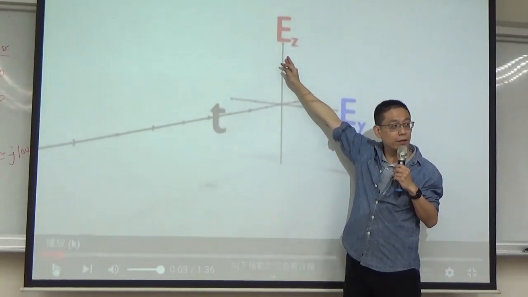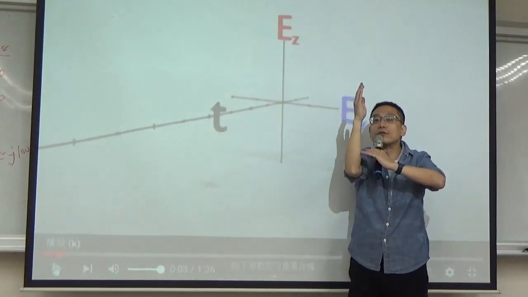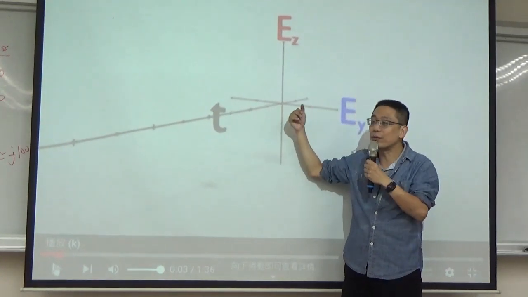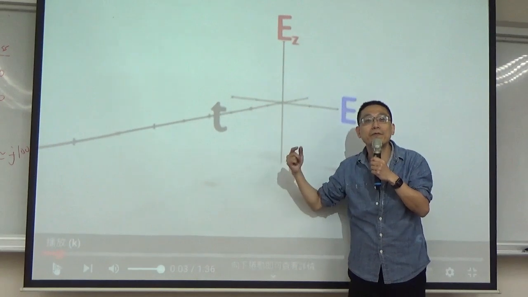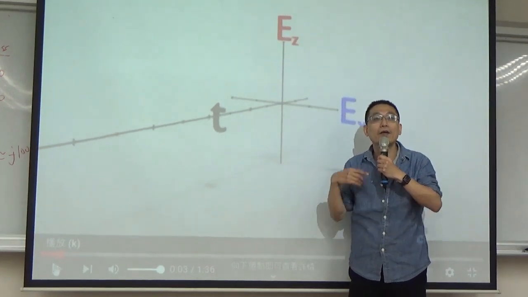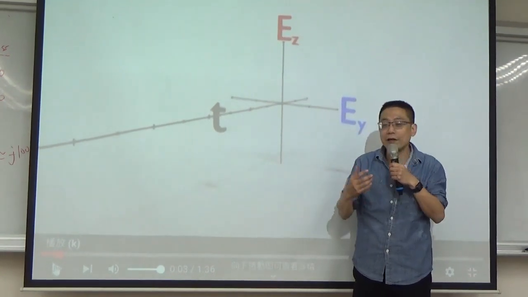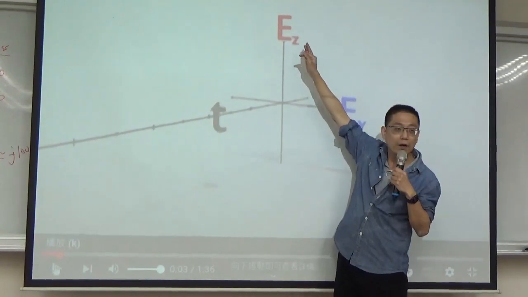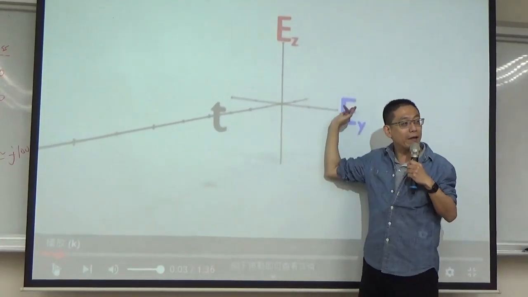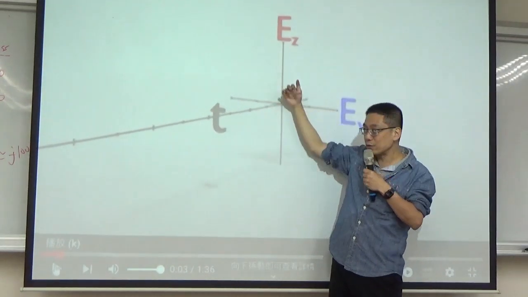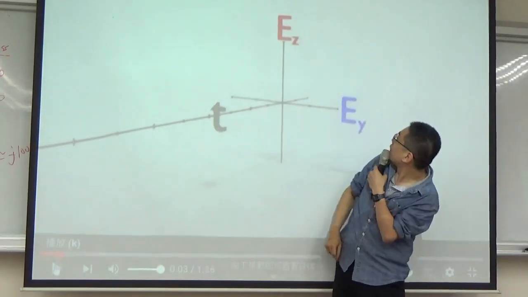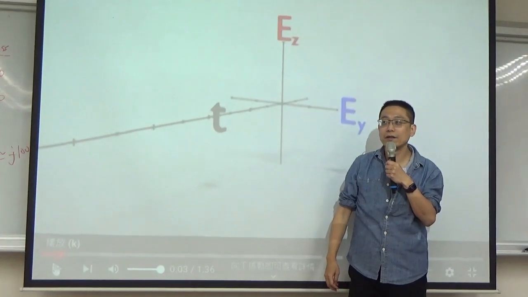Okay? When you put these E fields together, you will get the green result, the green E field. That is an E field of not only Y, not only Z, but Y plus Z. And the result is also moving in X direction.